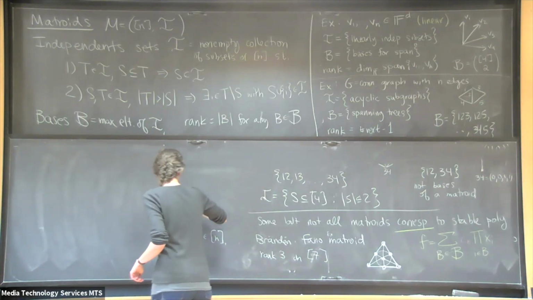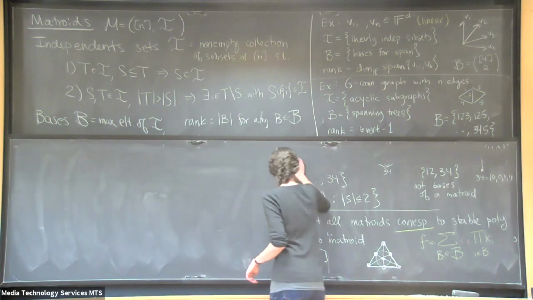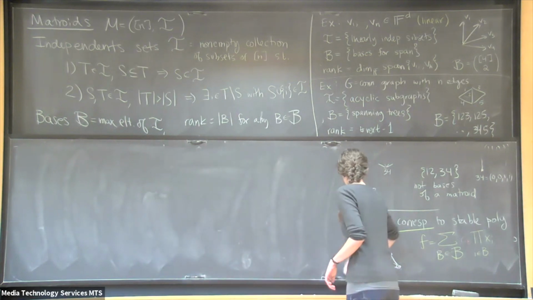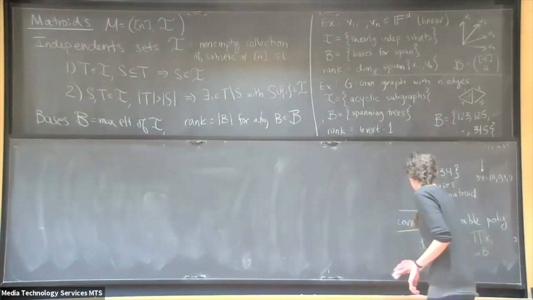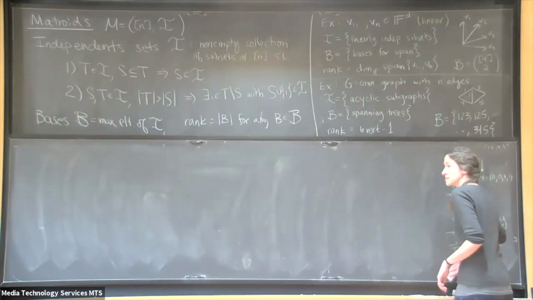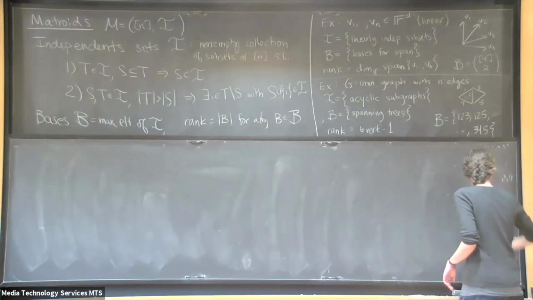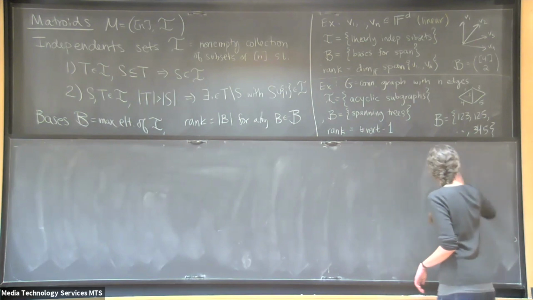Each polynomial has a different polytope, and you look at the Minkowski sum of them, and you can take the mixed volume.